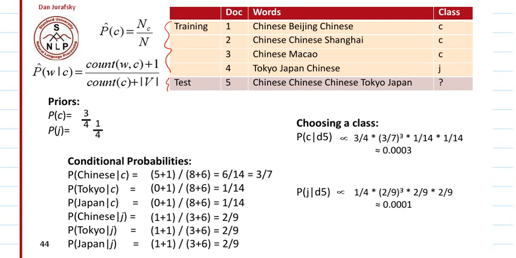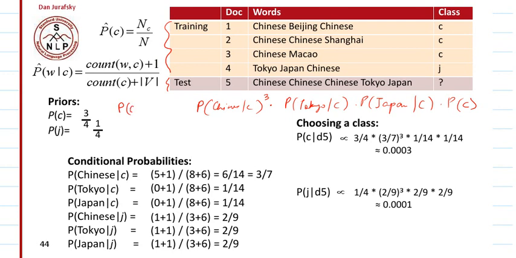So P of Chinese given C has to be calculated, and then it will be raised to the power of 3, then P of Tokyo given C, then P of Japan given C, then P of the class C.